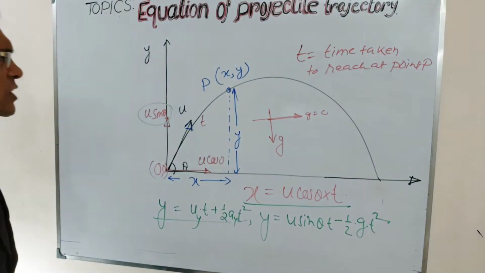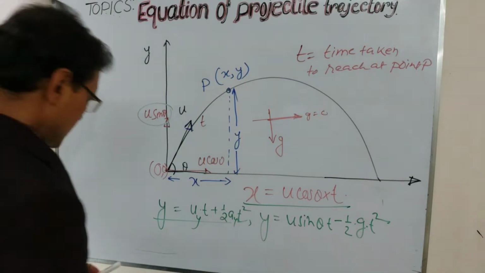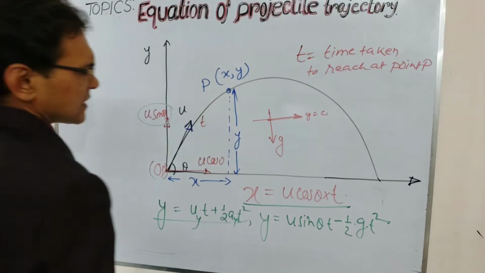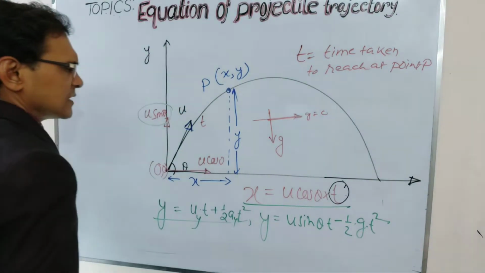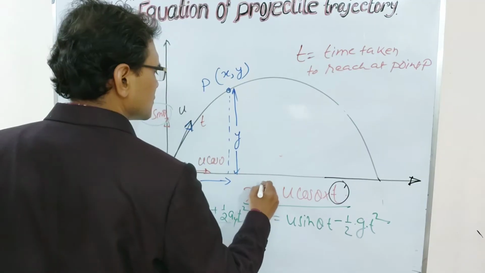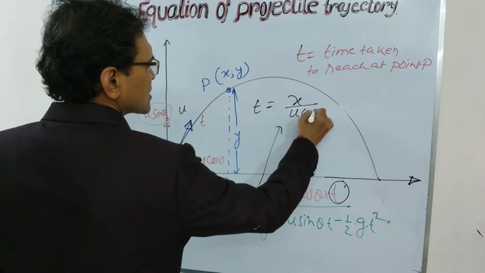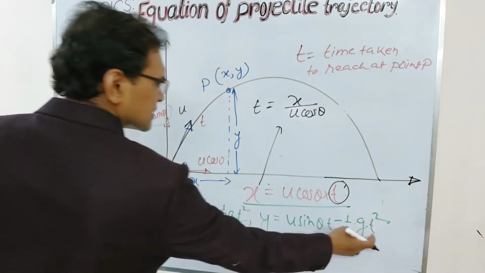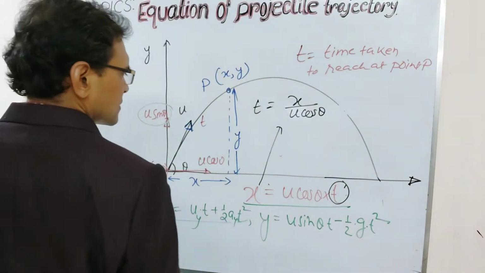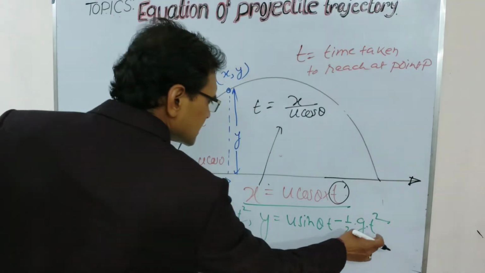To get the equation of projectile trajectory, we have to eliminate t. From the first equation we get t equal to x by u cos theta. Now put t here.